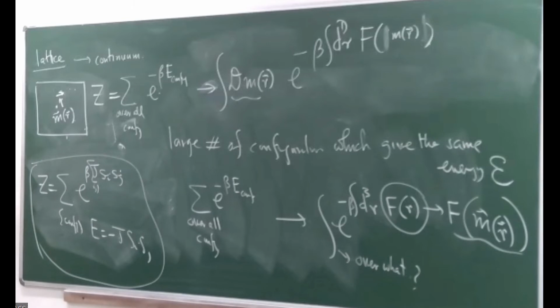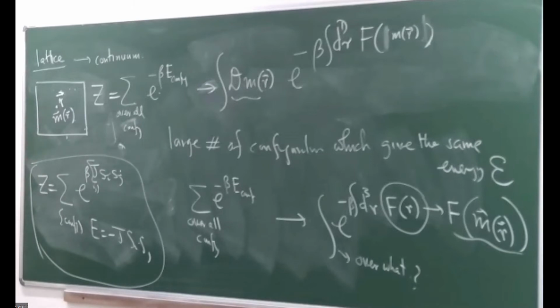Now we are talking about, instead of things living on a lattice, which they did over here, things living in a continuous world where it is a question of describing things by a magnetization. This magnetization can be a scalar.